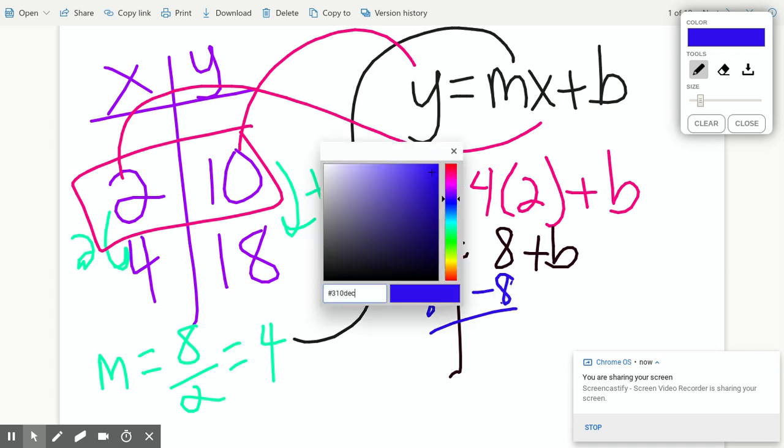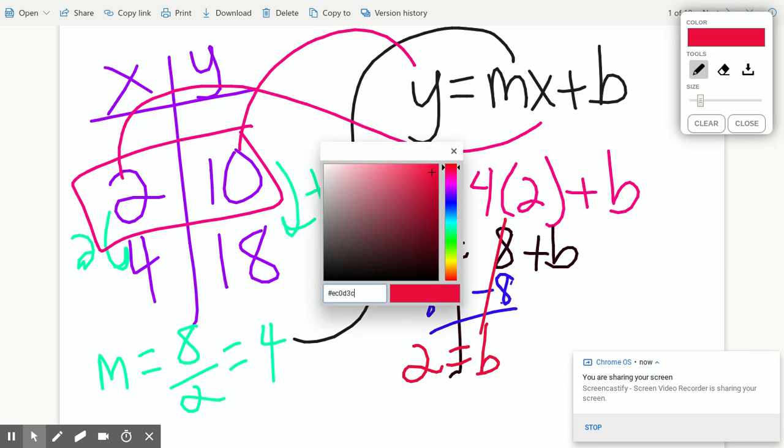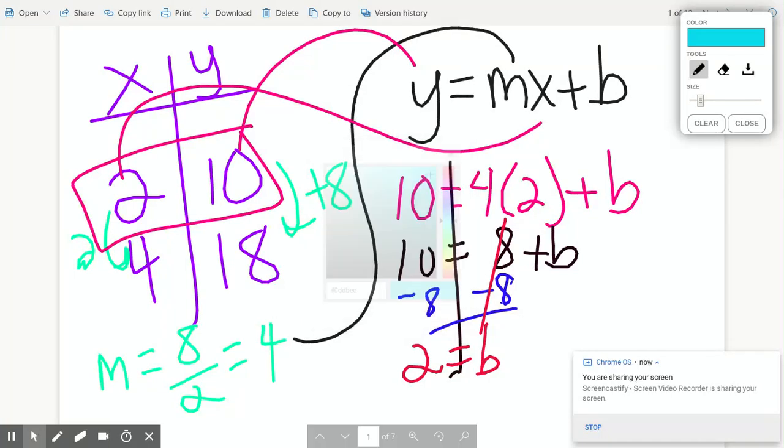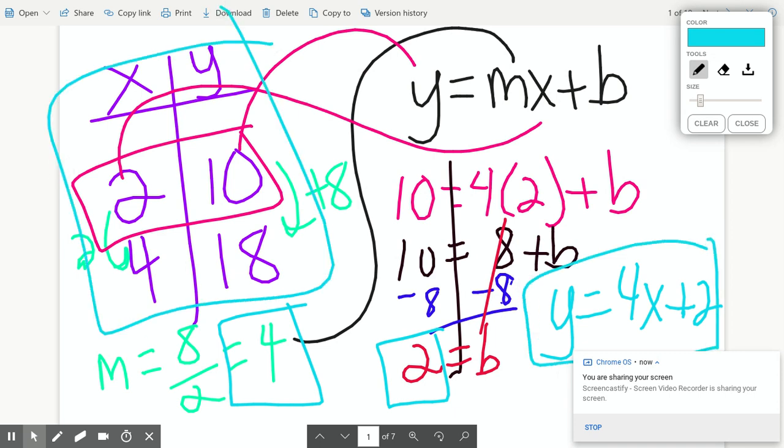Okay, and then you would get 2 equals b, these cancel. So now I have my m is 4, my b is 2. So my equation is y equals 4x plus 2. So that is the equation for this table.